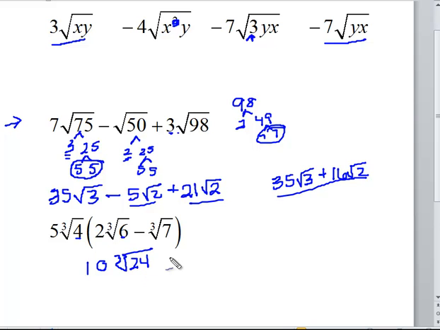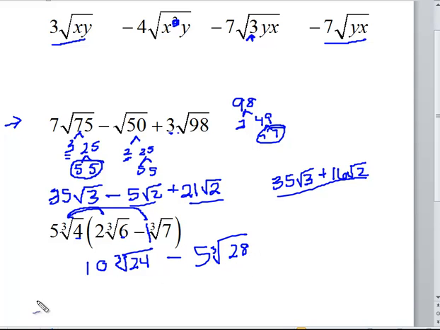So outside times outside stays outside, inside times inside stays inside. And then you see that this is a distributive property here. And so the -1 out in front times the 5 would give us a -5 cube root of 28.